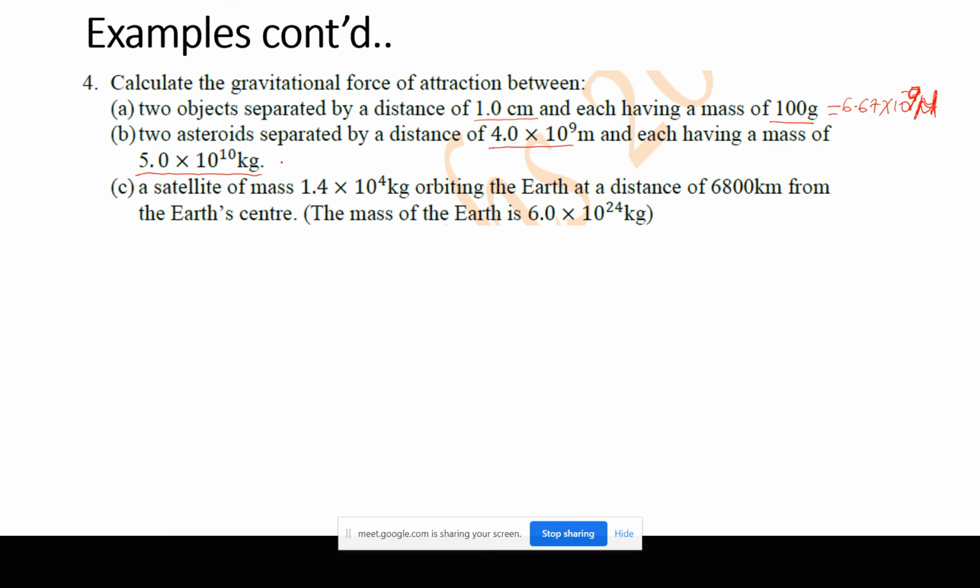I got 1.0 times 10 power negative 8. She says she got 1.0 times 10 power negative 8 newtons.